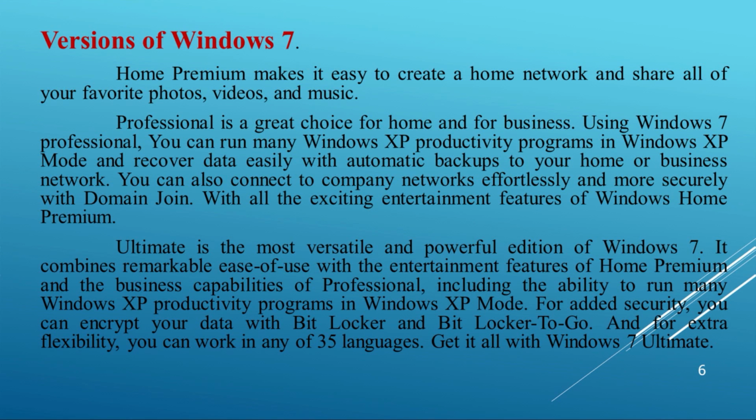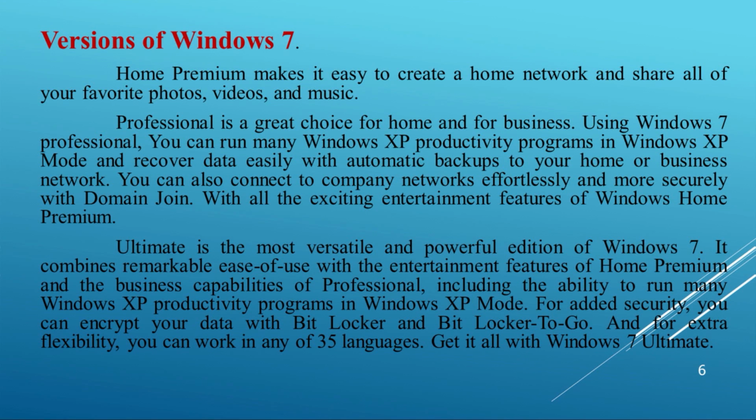With all the exciting entertainment features of Windows Home Premium, Ultimate is the most versatile and powerful edition of Windows 7. It combines remarkable ease of use with the entertainment features of Home Premium and the business capabilities of Professional, including the ability to run many Windows XP productivity programs in Windows XP mode.